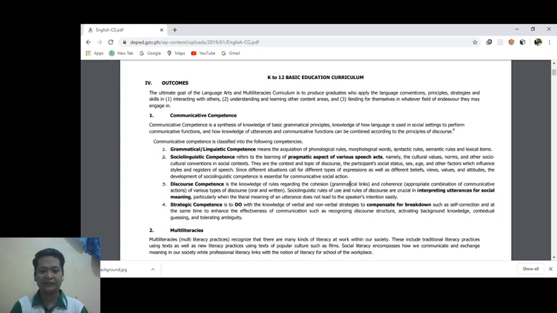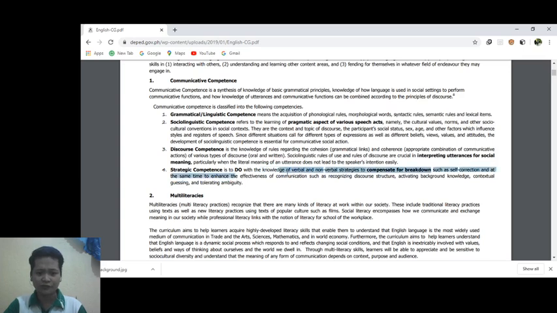And a very important thing, you have to know the intention of the speaker through the utterance, through the different aspects, just like what I said a while ago. Strategic competence has to do with the knowledge of verbal and non-verbal strategies to compensate for breakdown, such as self-correction, and at the same time to enhance the effectiveness of communication, such as recognizing discourse structure, activating background knowledge, contextual guessing, and tolerating ambiguity.